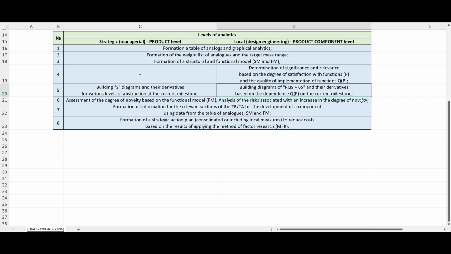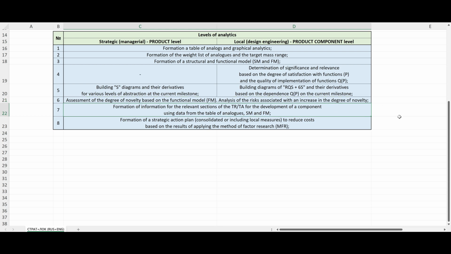current milestone. Sixth, assessment of the degree of novelty of the component at the local level using the generated functional model, and analysis of risks associated with an increase in the level of novelty, economic indicators of the technical assignment of the component.